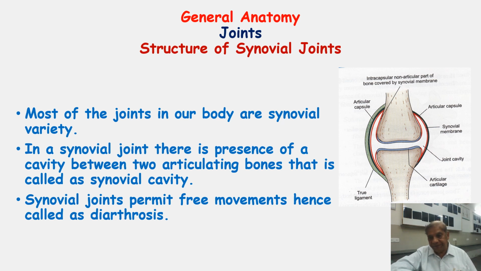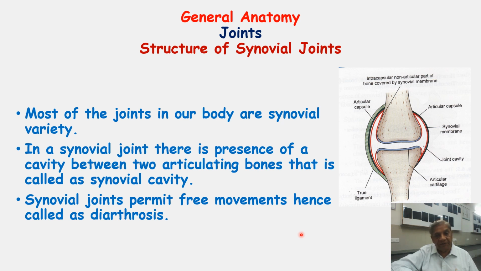So you have learned which joint we should call a synovial joint. Now we will learn in detail what the structure of a synovial joint is. Most of the joints in our body, as I said, are of the synovial variety, where all these four characters are found. In a synovial joint there is a cavity between the two articulating bones, and synovial joints permit free movement, hence called diarthrosis.